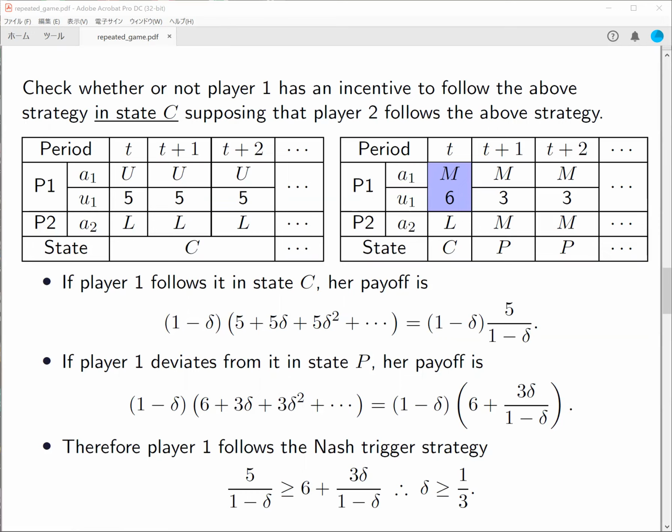A more important thing to note is that we only need to check if player 1 has an incentive to deviate in the current period by the one-shot deviation principle. We do not need to check all possible strategies, which is not feasible in infinitely repeated games. We can fix the strategy played from the next period onwards and just check if player 1 has an incentive to deviate in the current stage game.